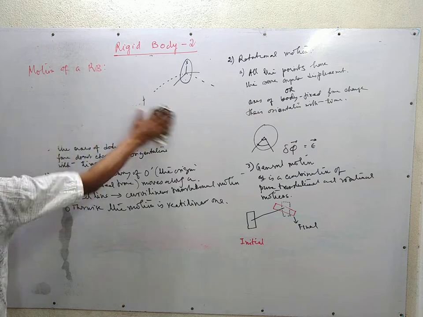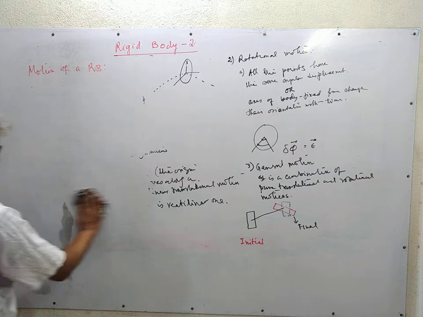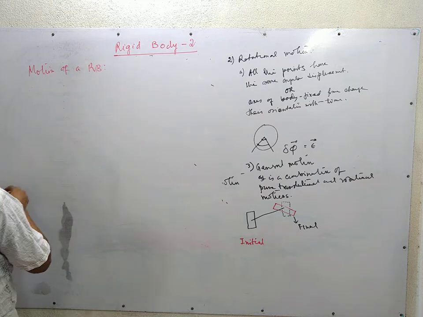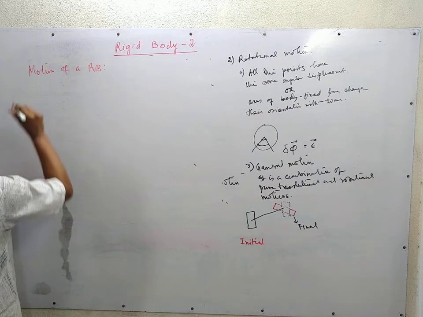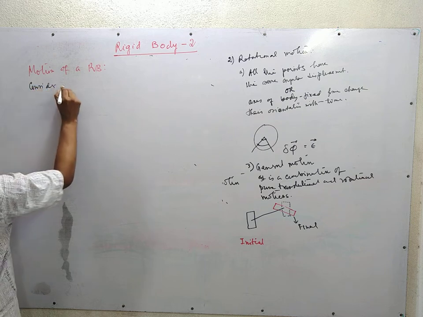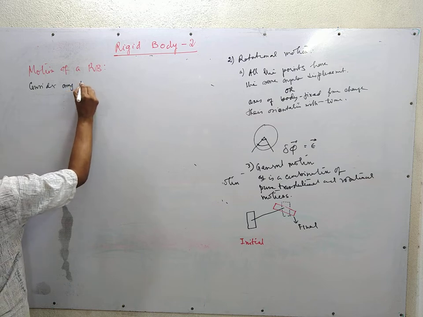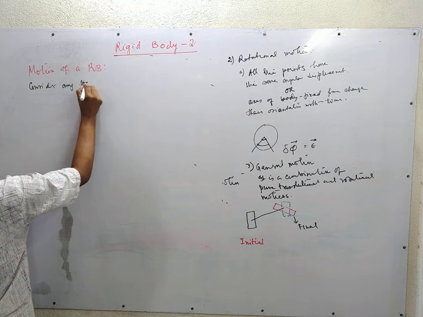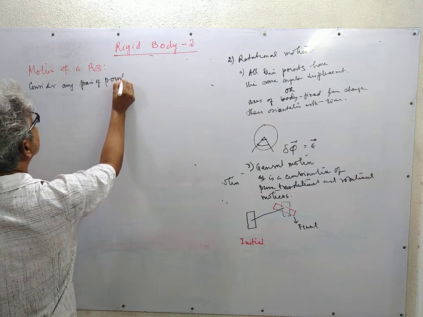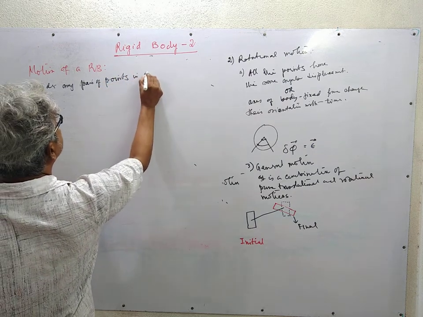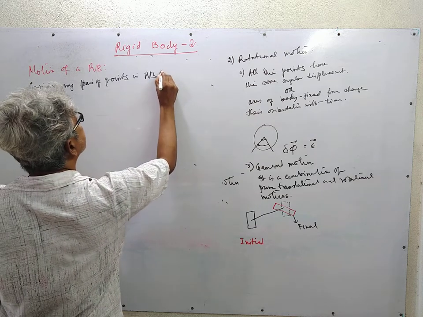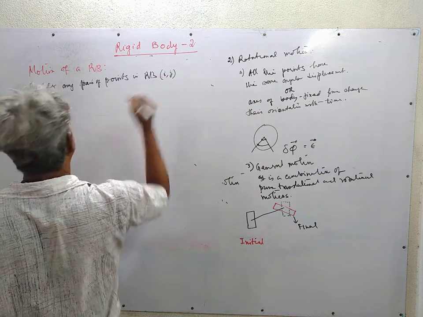So what we do, we take any pair of points in the rigid body, which are I and J.